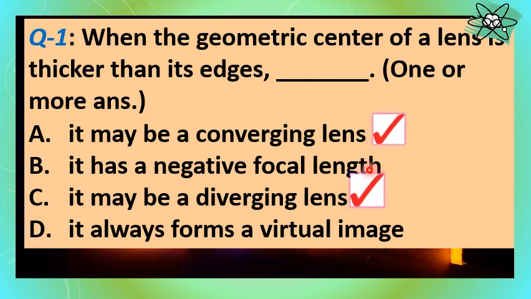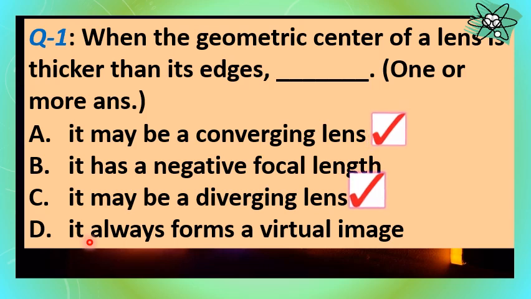Option B is not necessarily correct, because if the surrounding medium is air whose index of refraction is 1.0, then it would turn out that the focal length would have been positive, right? So this is not necessarily true.